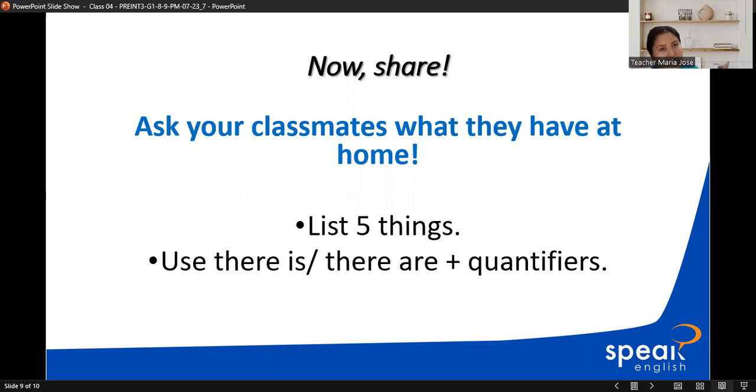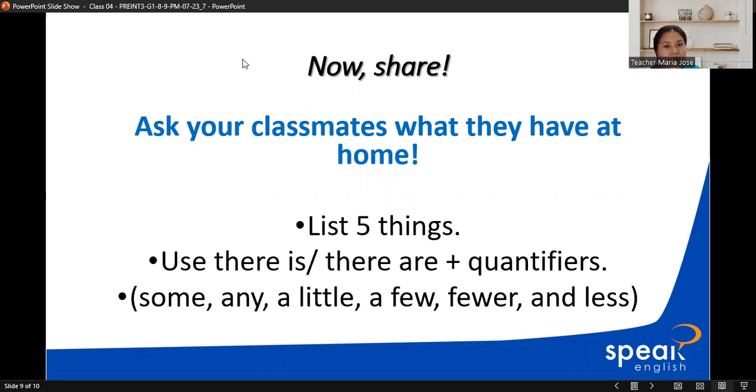There is and there are, and the quantifiers, of course. For example, we have checked the quantifiers of some, any, a little, a few, fewer, less, very little, very few. So consider examples from your house, everything that is around you, and talk about it.